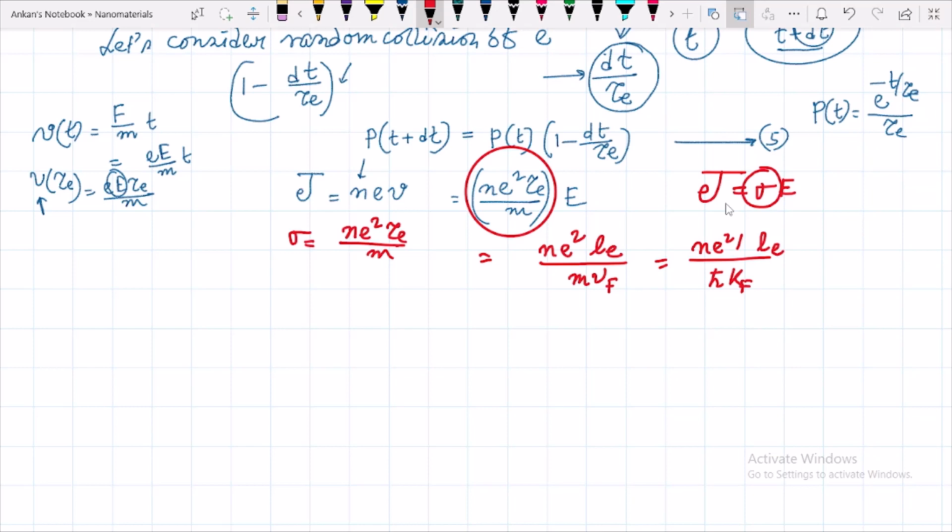Now I have multiplied k_F at the numerator, so I also have to multiply k_F at the denominator, and we will get the result like this. Now I separate out each term: e squared upon h-bar, which is the constant term, n upon k_F squared, and also k_F L_E.